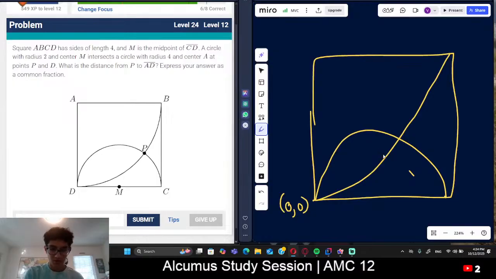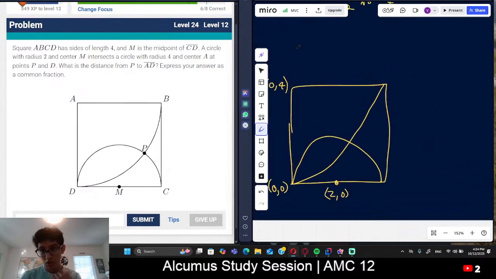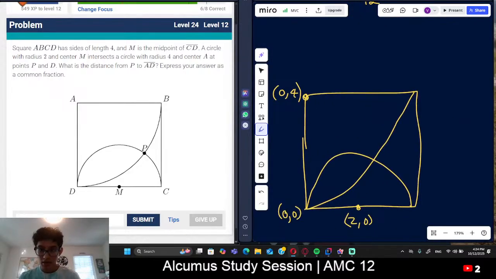Okay, maybe you can just define the coordinates and see, right? I don't want to get ahead of myself. It has a square of side length 4. So then this is going to be 2 comma 0. This is going to be 0 comma 4. And so what equations do we get here? We know that this is centered at, so it's x squared plus y minus 4 squared is equal to what?